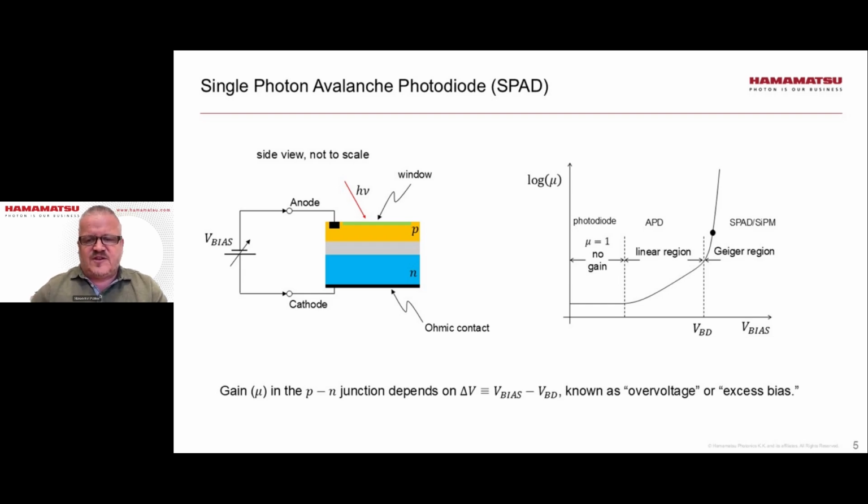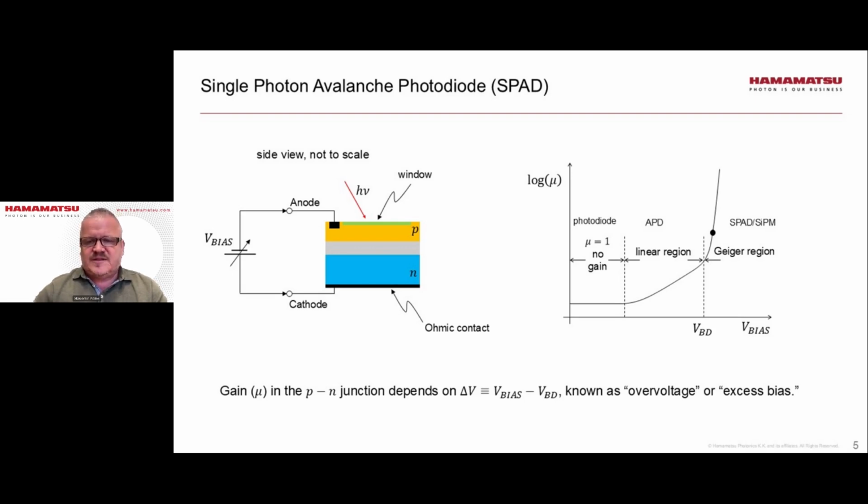As I increase the reverse bias, we begin to have gain, because impact ionization begins to occur. In this linear region where APDs, avalanche photodiodes, operate, the gain which results from an avalanche is self-quenching. In other words, avalanche occurs, but it quenches by itself.